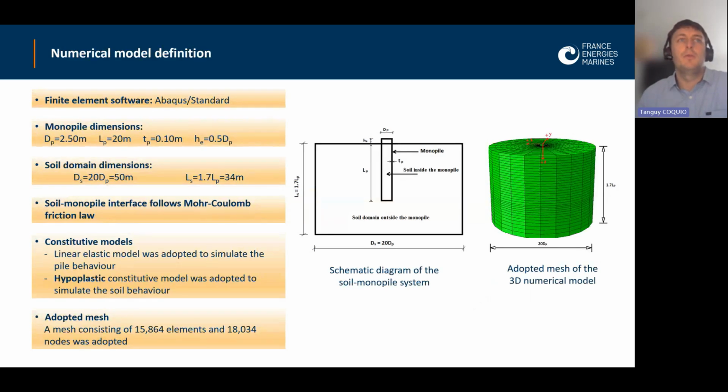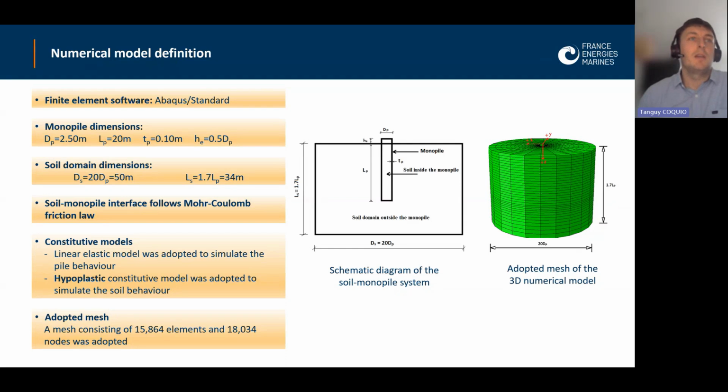Just a short overview of the model. So the model considered a pile in sandy soil. We only considered this type of anchor and this type of soil, with the dimensions mentioned in the slide. So you can see them here.